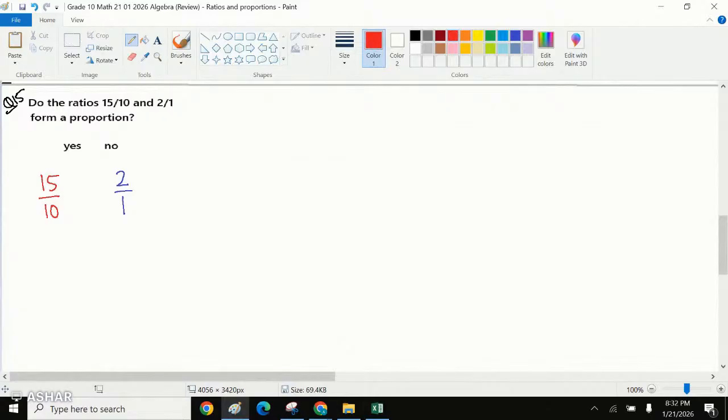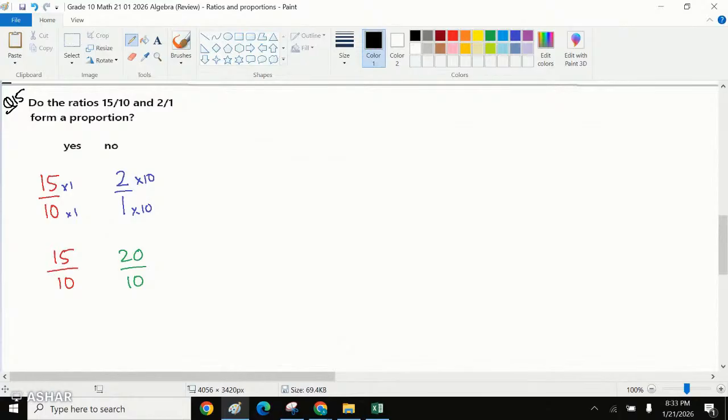Simply we change it into the same denominators. We multiply by 10, multiply by 10, multiply by 1, multiply by 1. So 15 times 1 is 15 upon 10, and 2 times 10 is 20 upon 10.